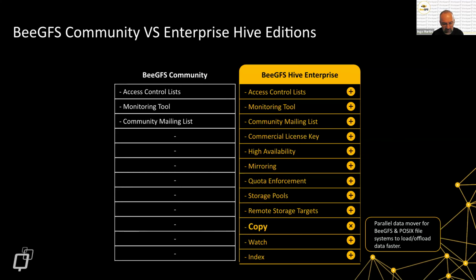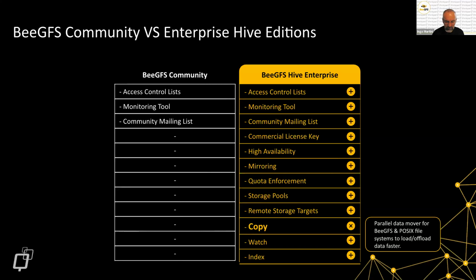And it's included in your contract already. If you have a BeeGFS 7 installation and you want to update to version 8, you can do this without any additional costs, and you will also get access to tools like copy, watch, index, remote storage targets. All these things are included, and there is no additional license fee if you upgrade from 7 to 8.